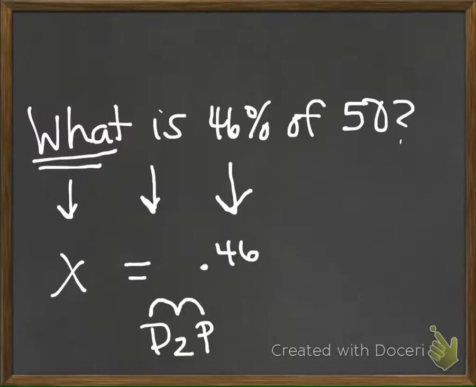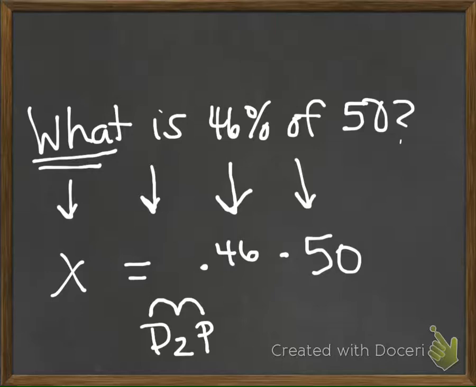Now, the word of. It means to multiply, and we use the dot so that we don't get confused because variables look like x's. Remember that, okay? And 50, the number 50, we don't have to do anything to it. We just leave it as it is. All right?